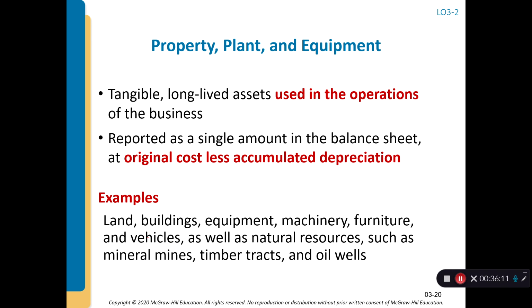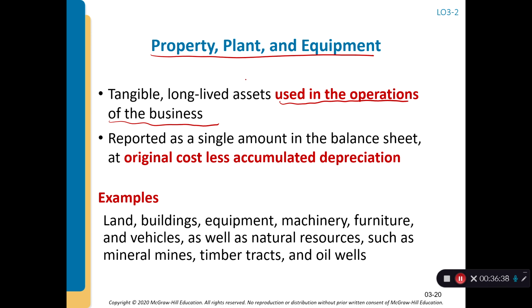Okay, and the PP&E, namely, it's including tangible assets, right? It's long-lived assets. The assets are expected to convert into cash or be consumed over more than 1 year. Also the most important thing about PP&E is that it's used in the operation of the business.